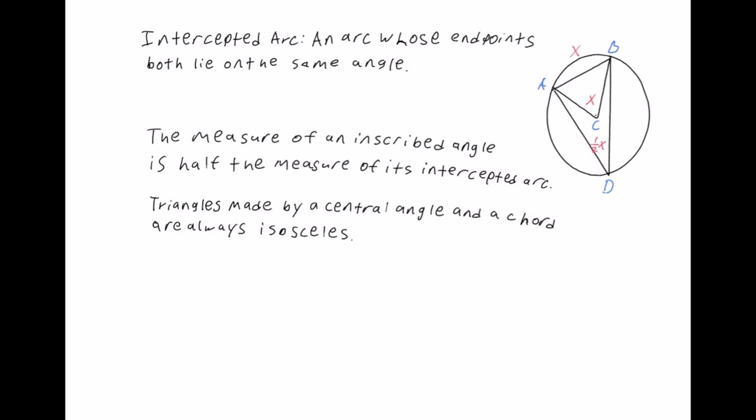The reason is because it's made by 2 radii, one radius and another radius. Radii in a circle are always congruent. So we can say that this side will always be congruent to this side. And for this lesson, what's going to make this very important is that, remember, their opposite angles are also congruent. So this angle is going to be equal to this angle. And that will be very important in this lesson.